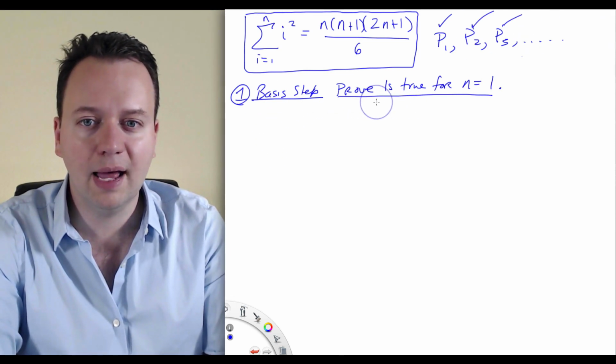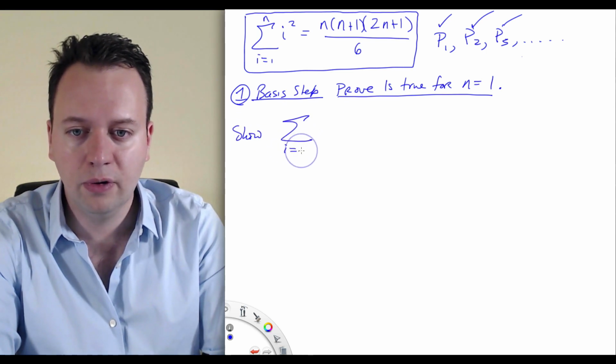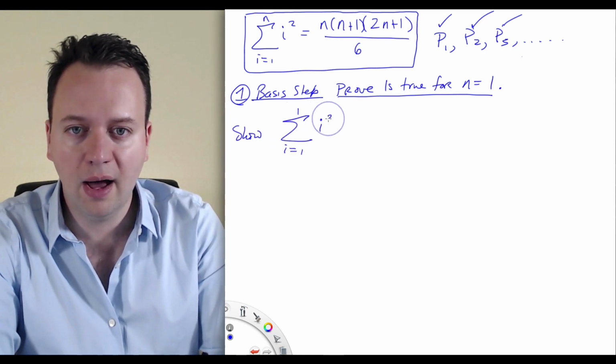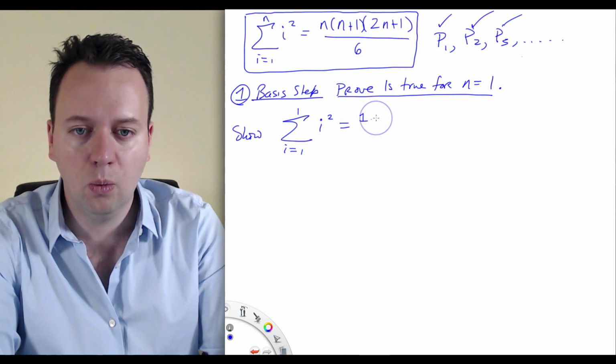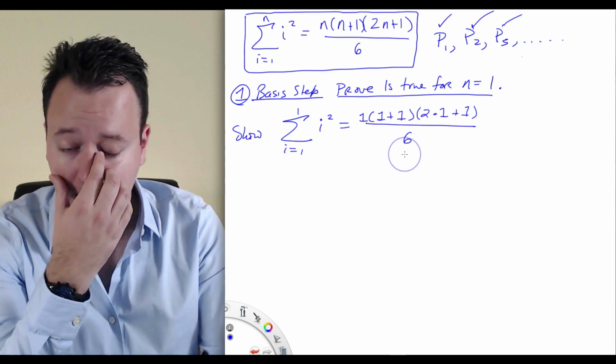So the basis step, we have to show that the sum from 1 to 1 of i squared is equal to 1 times 1 plus 1 times 2 times 1 plus 1 over 6.